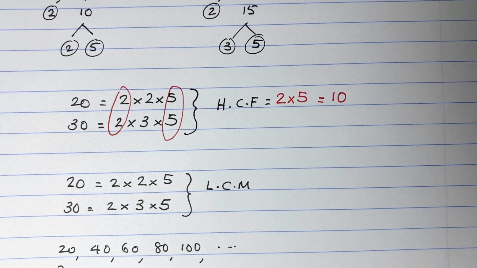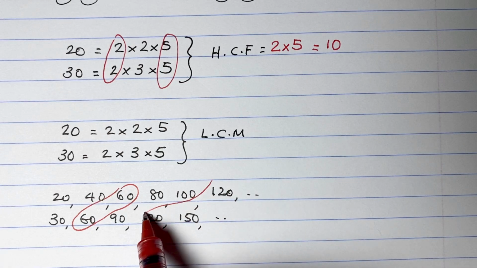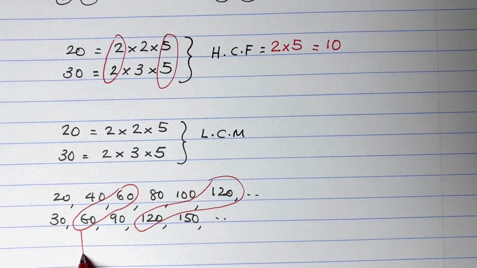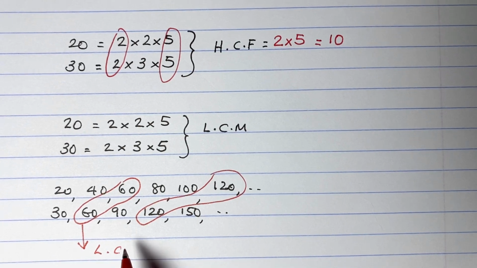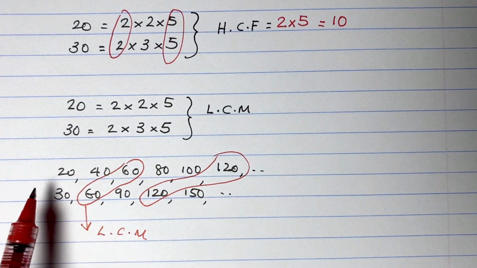And if I wrote multiples of 30, let me just continue with here, 120, and here. You can see 60 is the first common multiple. But there are other common multiples. The other one is 120 and could be more and more. But 60 is the lowest common multiple. But that's one method of listing.